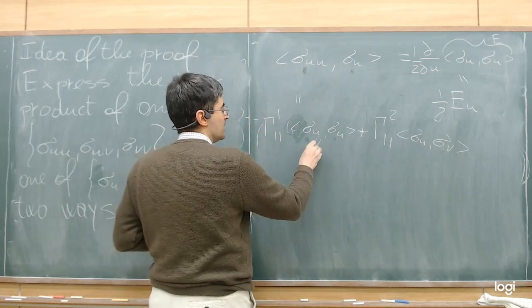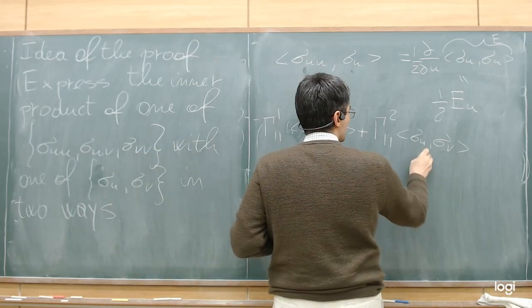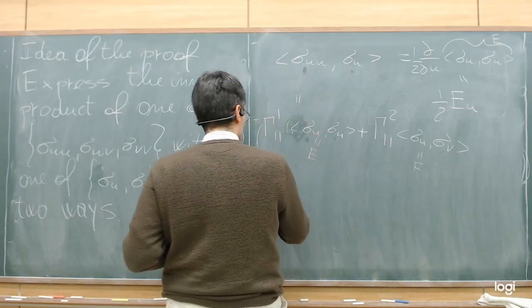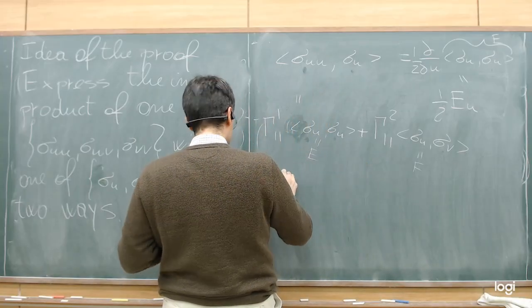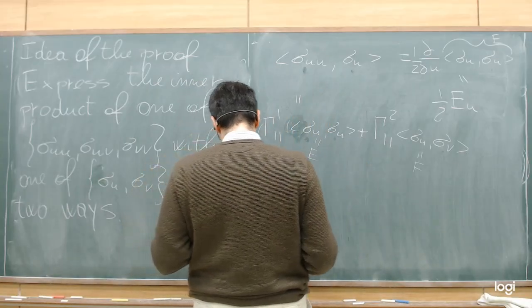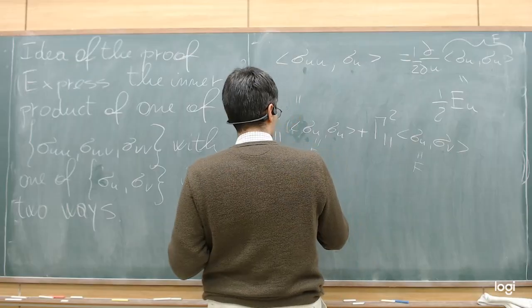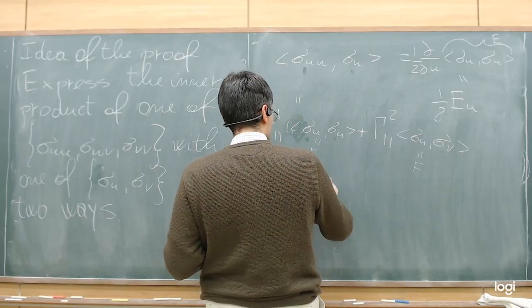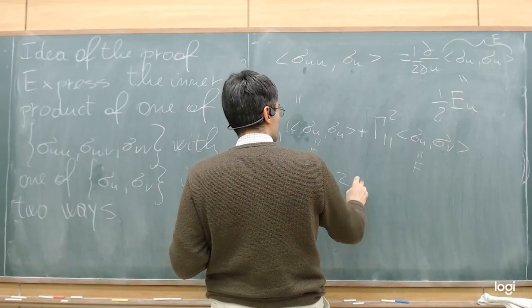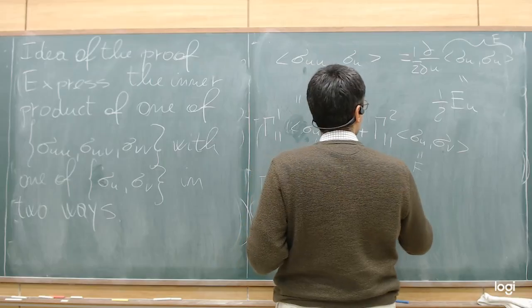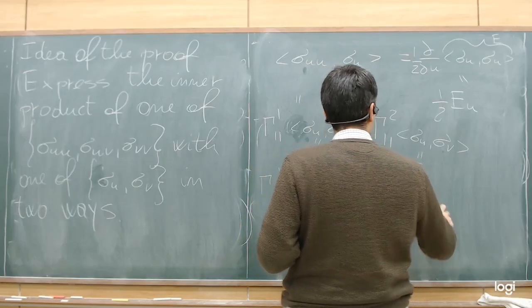But this is E and this is F, so we get gamma 1 1 1 E plus gamma 1 1 2 F equal to 1/2 E_u.